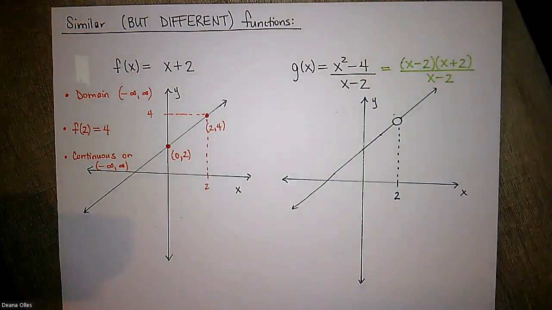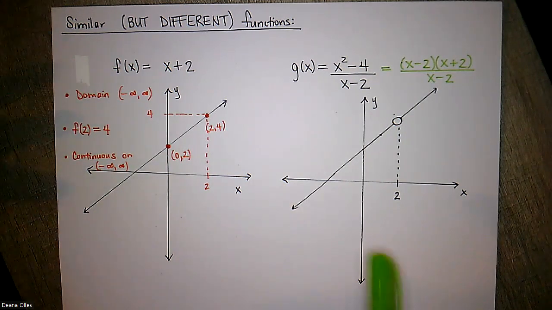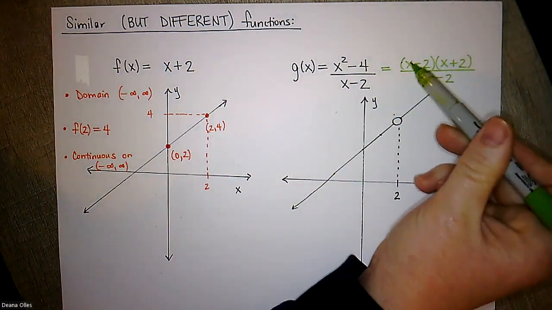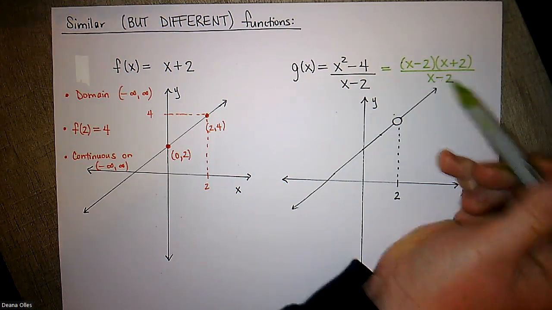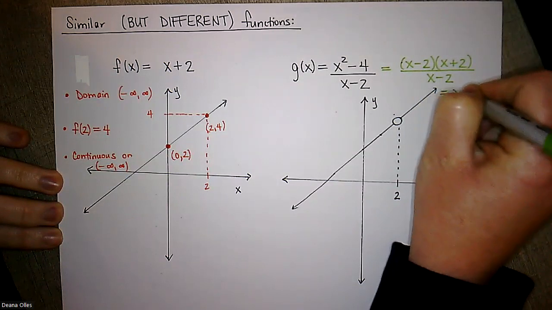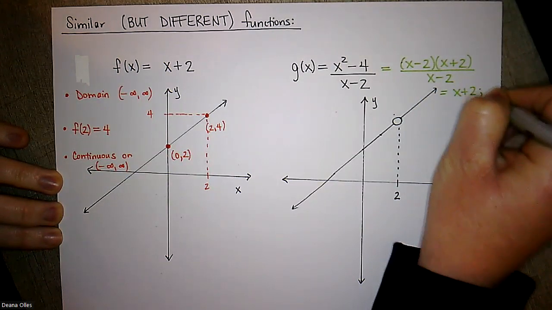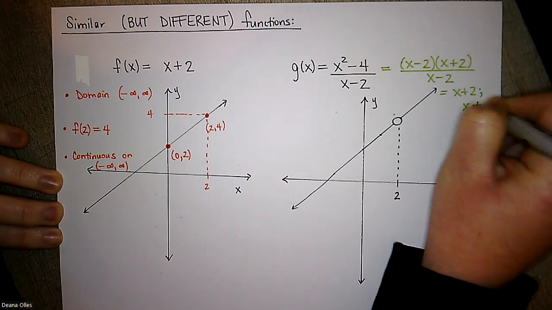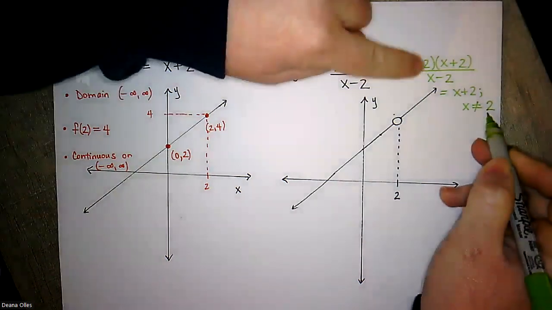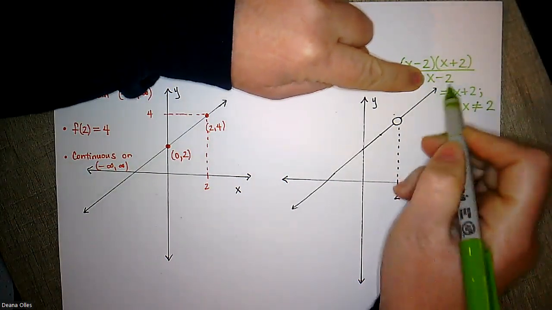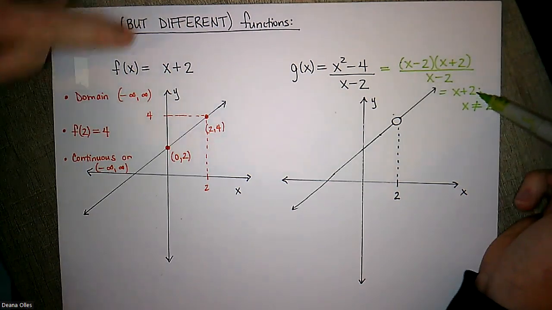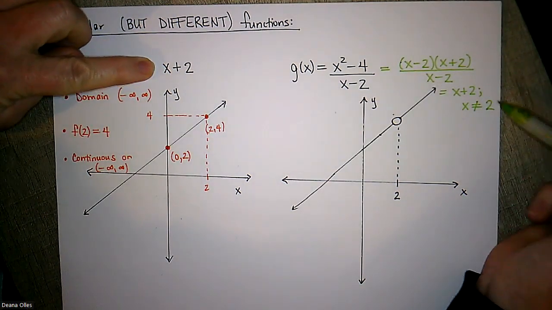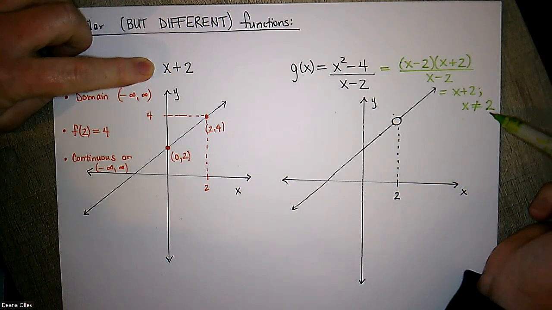And I want to remind you of a previous video that I did, where I said we can't cancel these x minus 2s unless we say specifically that x cannot be 2. And why? Because if x is 2, then my denominator is 0 and I have a problem. So what this is saying is this function is x plus 2 for all values except 2.